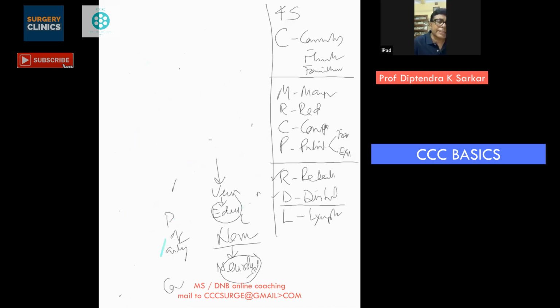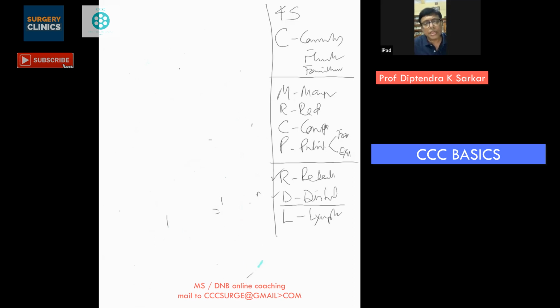Now, as I said, we were discussing about the distal limb. Exactly the reverse is also important. That means you have been given a case where somebody has presented to you with a mole here, which is diagnosed as a melanoma, or a cancer here, which is a squamous cell cancer.